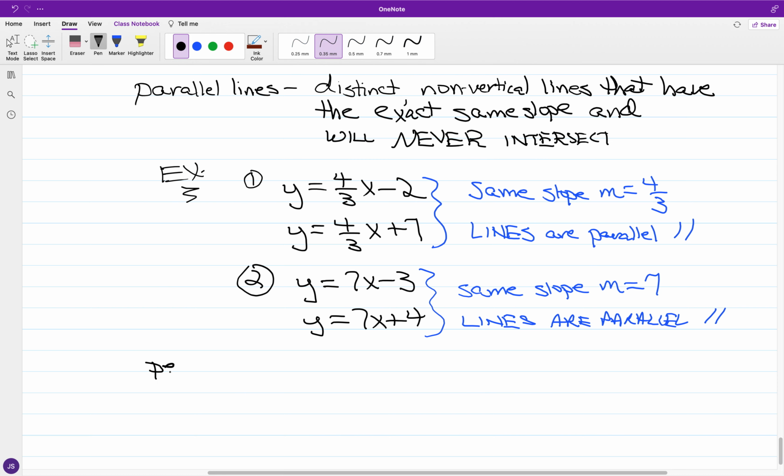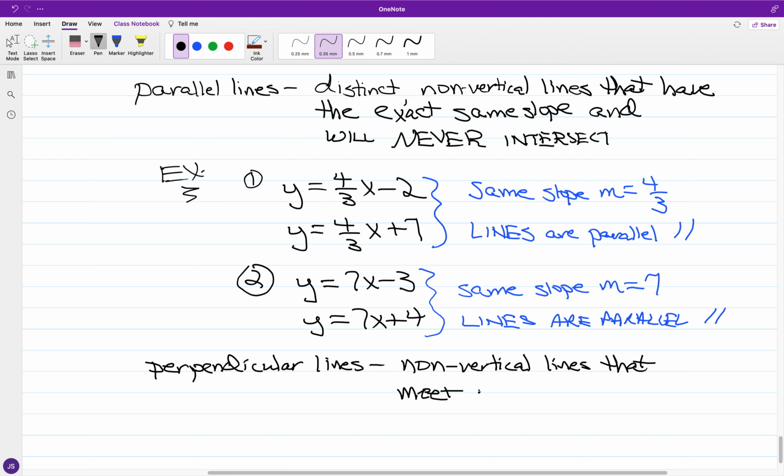And in the case of perpendicular lines, those are going to be non-vertical lines that will meet at a 90-degree angle, or a right angle.